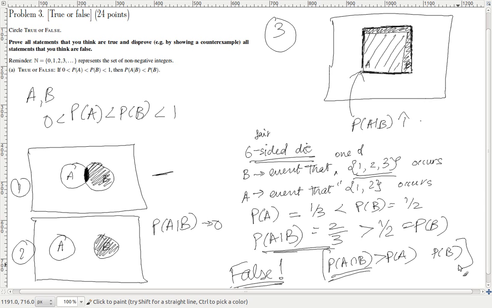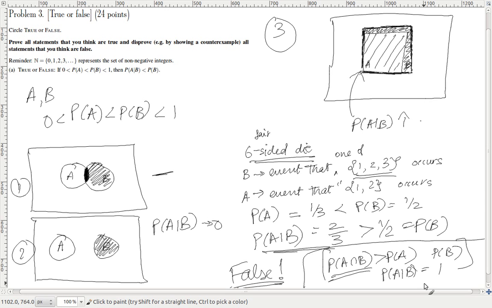And sometimes people just came up with a counterexample where P of B happened to be smaller than P of A, which the question was not asking for. And sometimes people assumed that P of A given B is 1. This can't happen, because you can't have complete knowledge of A if you know that B happens, right?